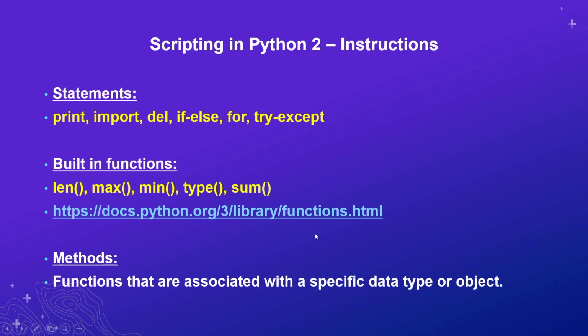Built-in functions now differ from statements in the sense that they normally return a value. So built-in functions in Python, the popular ones are len, that is, it returns the length of your particular list or tuple. Max and min return the maximum and minimum value respectively. Type is a popular built-in function that can be used to assess the type of a variable.